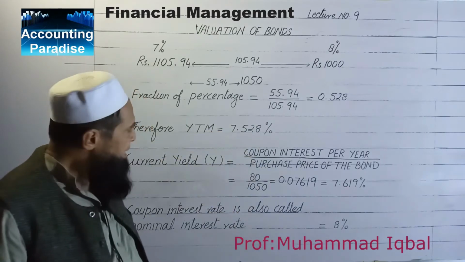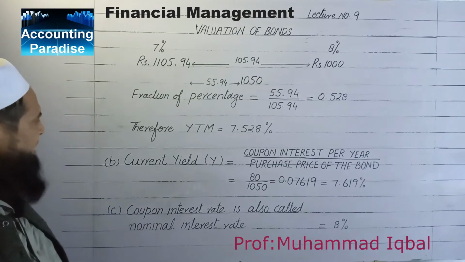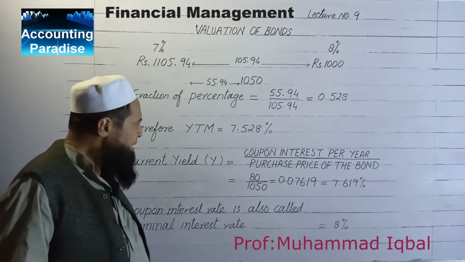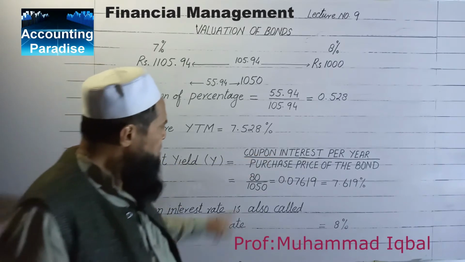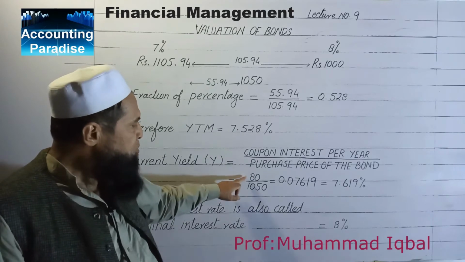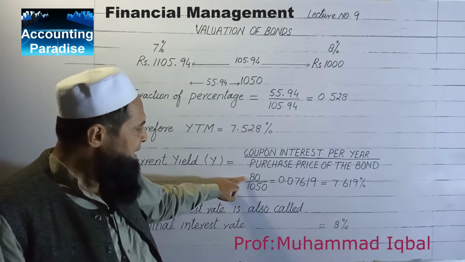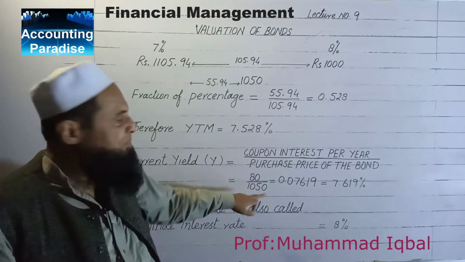7.528%. The B part of the question was current yield. It is also called CY. It is equal to coupon interest per year over purchase price of the bond. Now the coupon interest is rupees 80 and the purchase price is 1050.